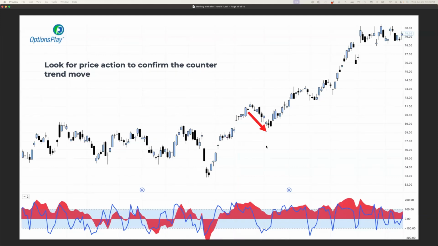Now, once you have identified that trend, what you're looking for is that counter trend move. And then lastly, even short-term momentum can help you offer that kind of exit signal. So you can use the blue line. When the blue line and the red line get overbought, when the two combined get overbought, that's also a potential opportunity for you to exit the specific trade.